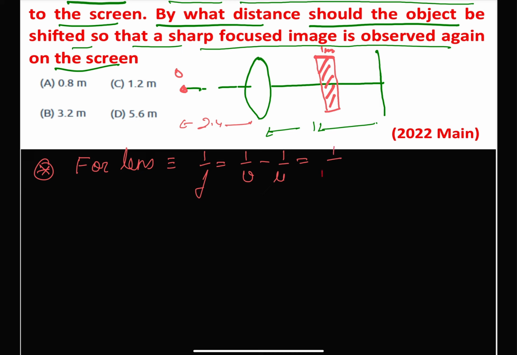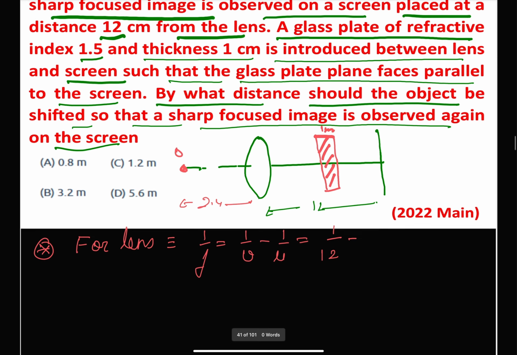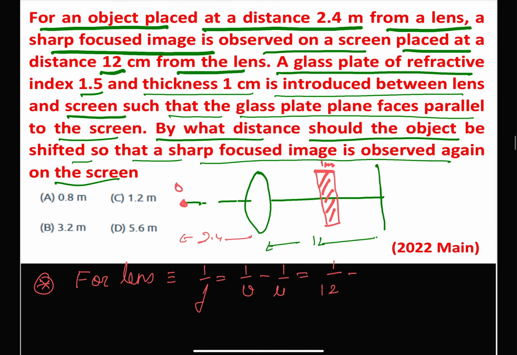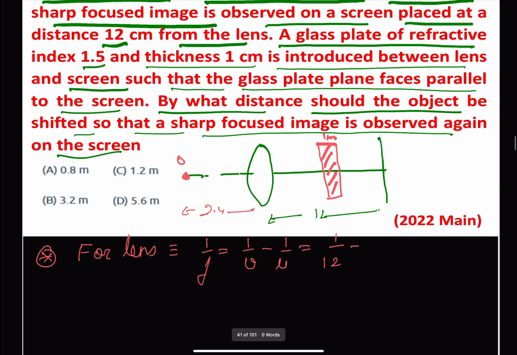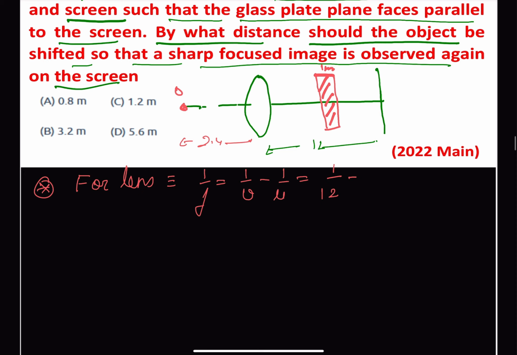So this comes 1 upon 12 minus 1 upon 2.4 meter, which is given to us. So we can just write it in centimeters. That will be coming as 1 upon 240.